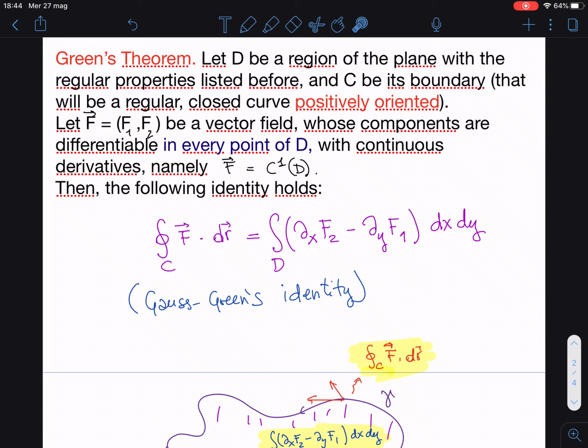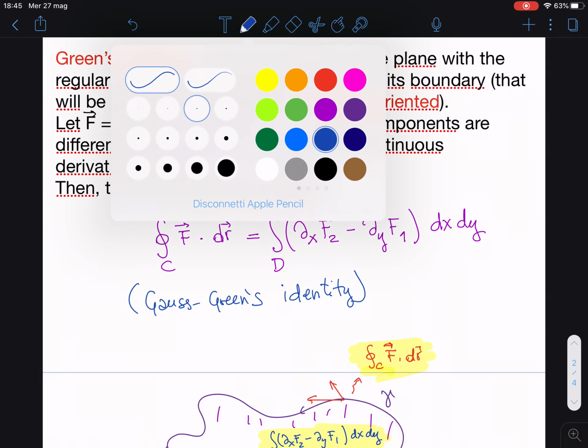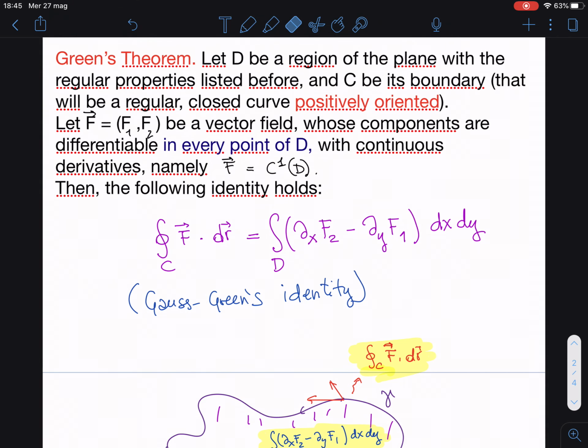Okay, we have two dimensions. And these components have to be differentiable functions at every point of D with continuous derivatives. Okay, and here there was a small mistake. It is not F equal to C1 of D, but F belongs to C1 of D.